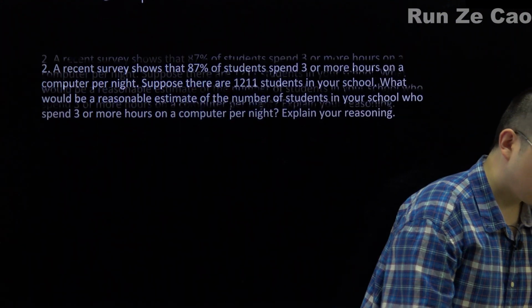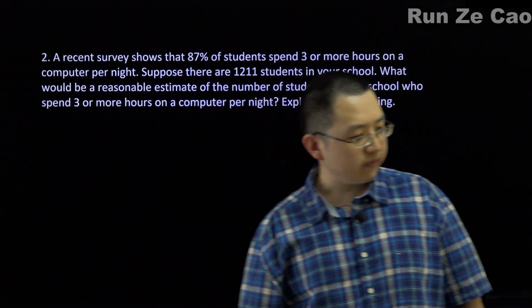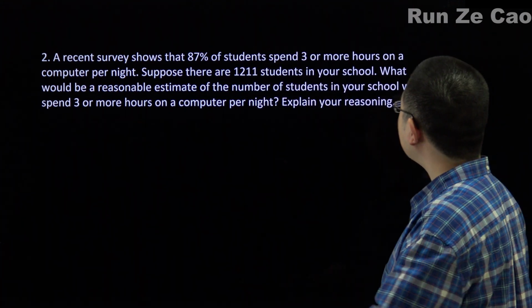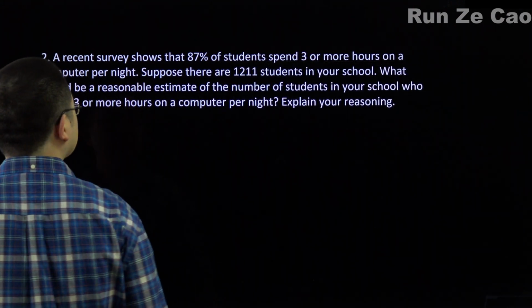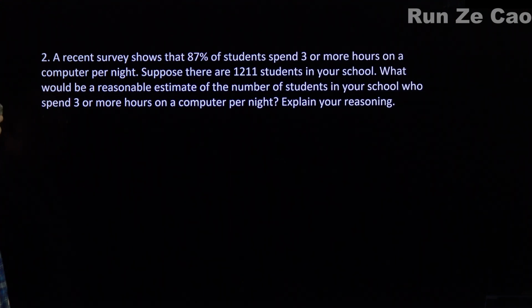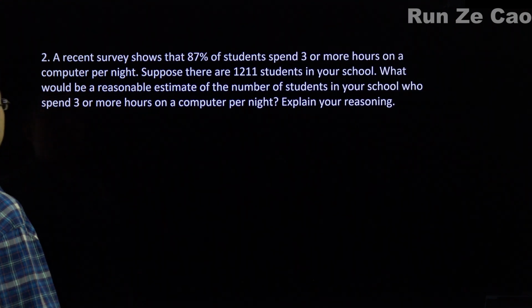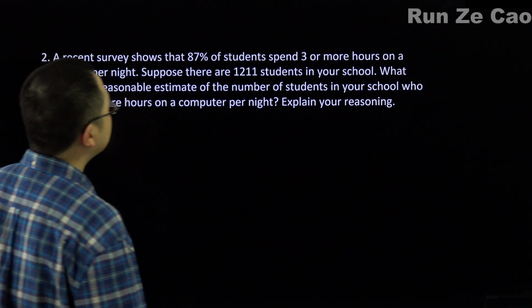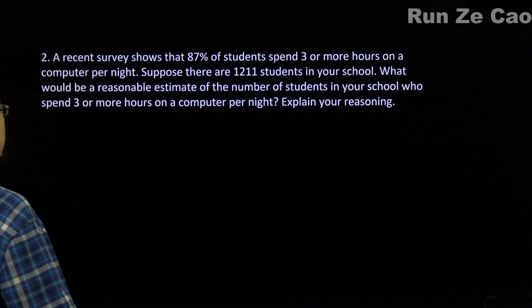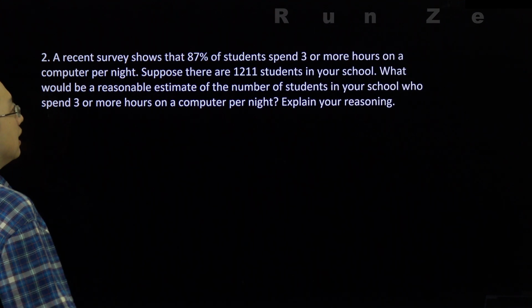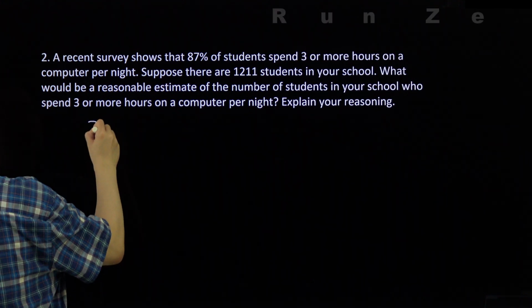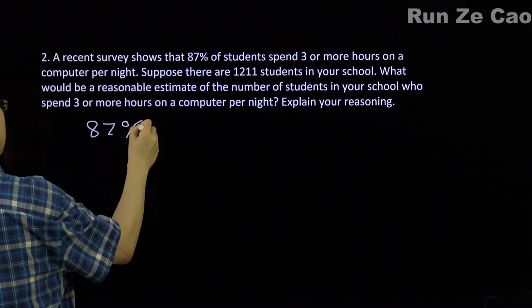Okay, let's say we have a survey that shows 87% of students spend 3 or more hours on a computer per night. Suppose there are 1,211 students in your school. What would be a reasonable estimate of the number of students in your school who spend 3 or more hours on a computer per night? And explain your reasoning. 87% is approximately.